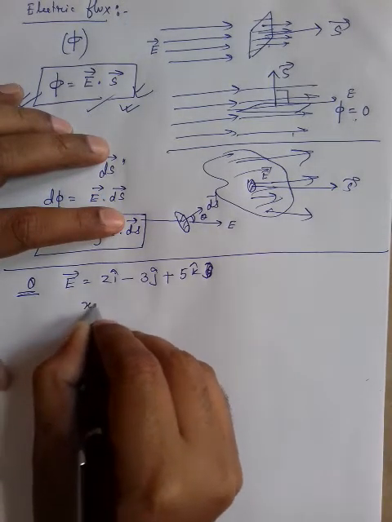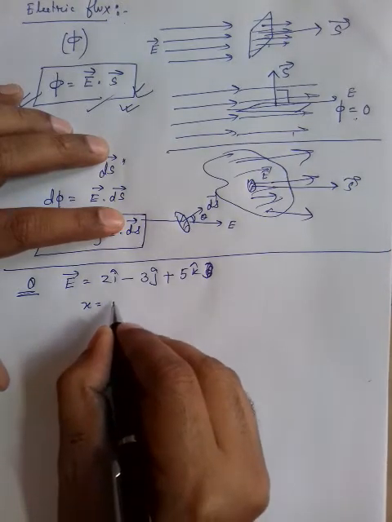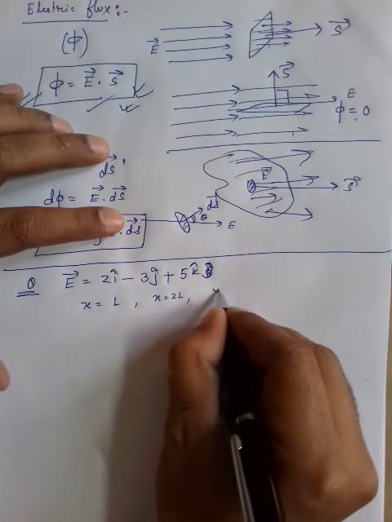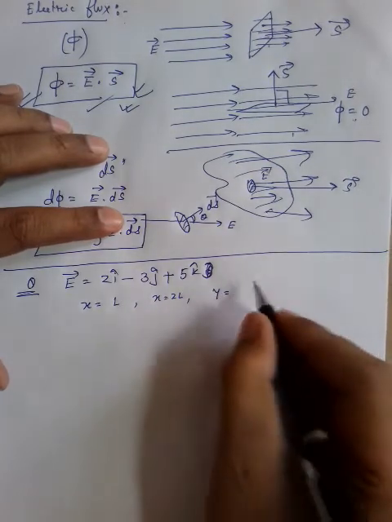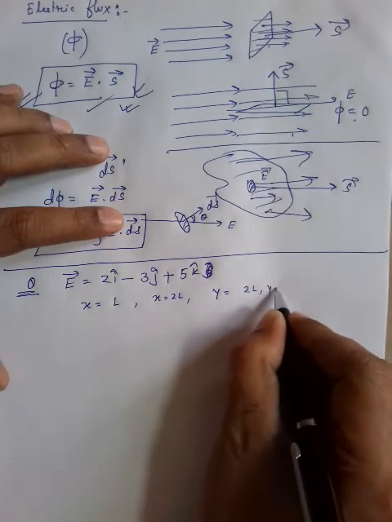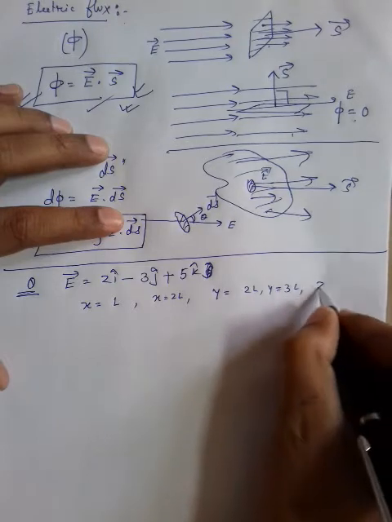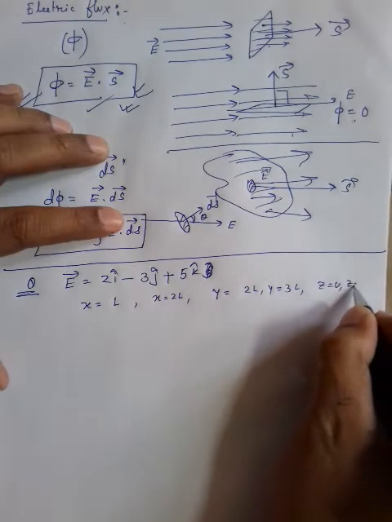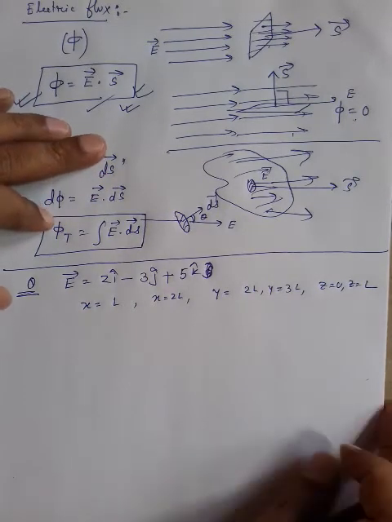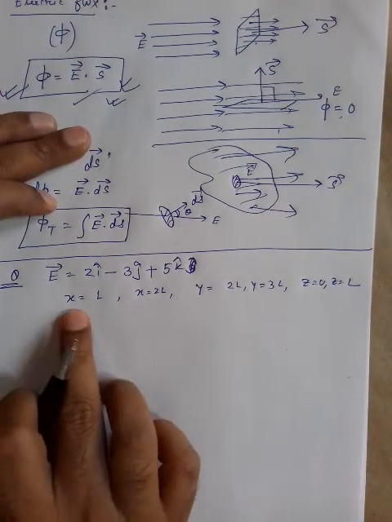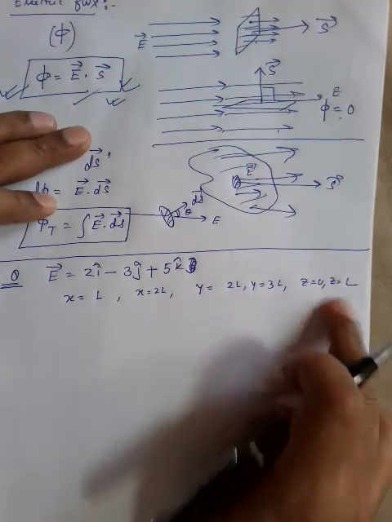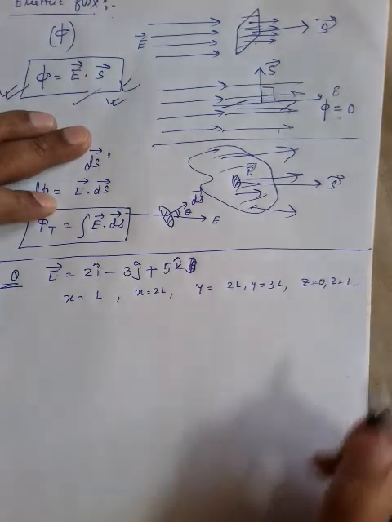bounded by the planes x equal to L, x equal to twice L, y equal to twice L, y equal to thrice L, z equal to 0, z equal to L. You know any cube carries 6 surfaces.